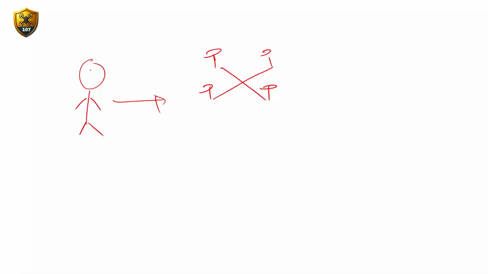So you are termed as RPIC, Remote Pilot in Command. You are responsible for all the operations that you take in your mission, like controlling the drone and going somewhere.